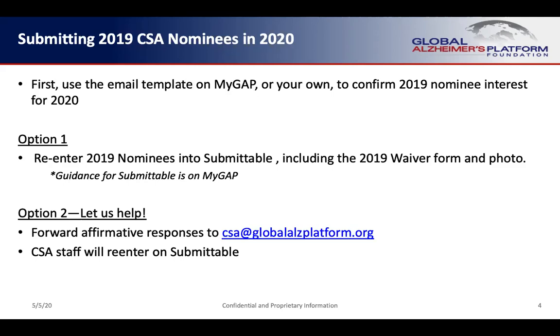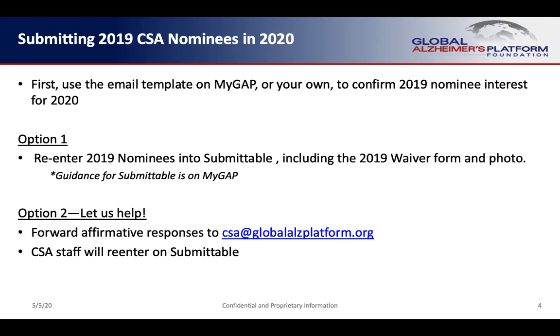You have two options. One option is to re-enter the 2019 nominees into Submittable, including their waiver and their photo yourselves, or someone in the office can do that. Or option number two, you can let us help.